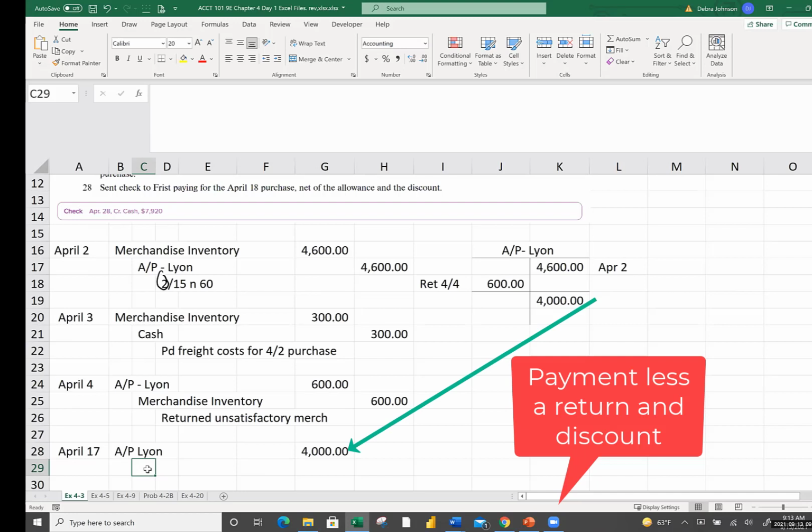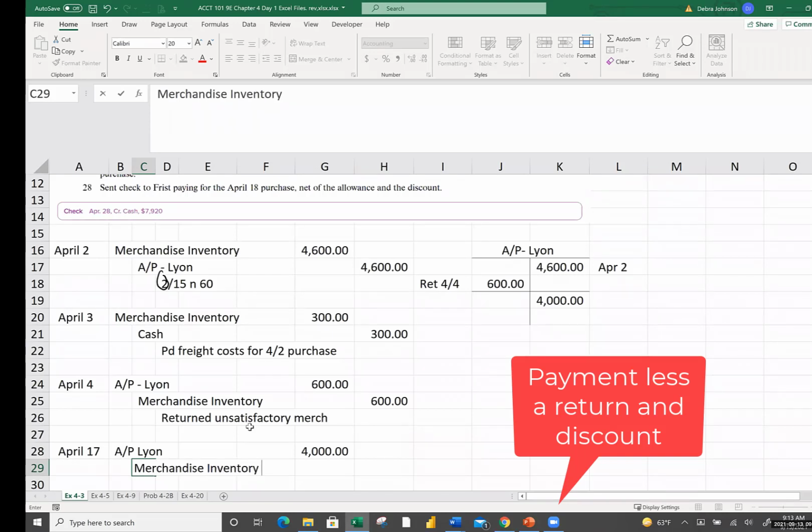I am eligible to take the discount, not on the $4,600 because I returned some of it, but on the $4,000. And those terms tell me that I can take a 2% discount. Now, last semester, you would have used purchases discounts. But remember, all the purchases accounts are gone now. In place of that, we're using merchandise inventory, and that would be for the 2%.